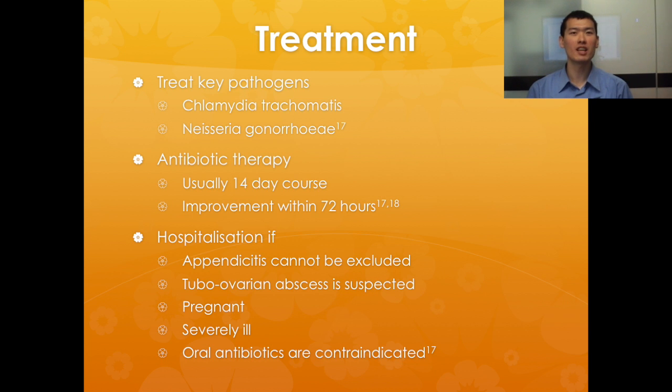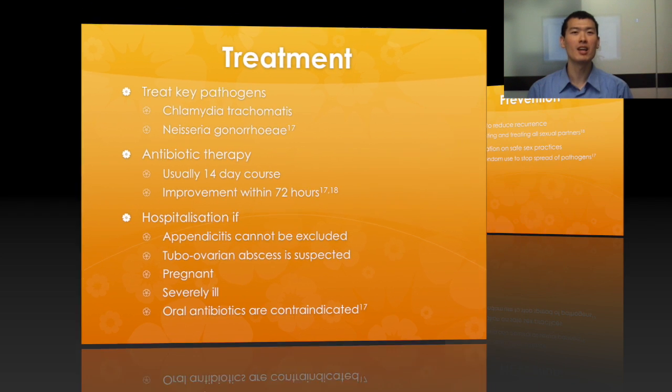Even if there is a negative test result for aforementioned common pathogens, improvement should be seen within the first 72 hours of antibacterial convalescence. Hospitalization should be considered for cases where appendicitis cannot be excluded or TOA is suspected, where the patient is pregnant or severely ill, or where the oral antibiotics are contraindicated.